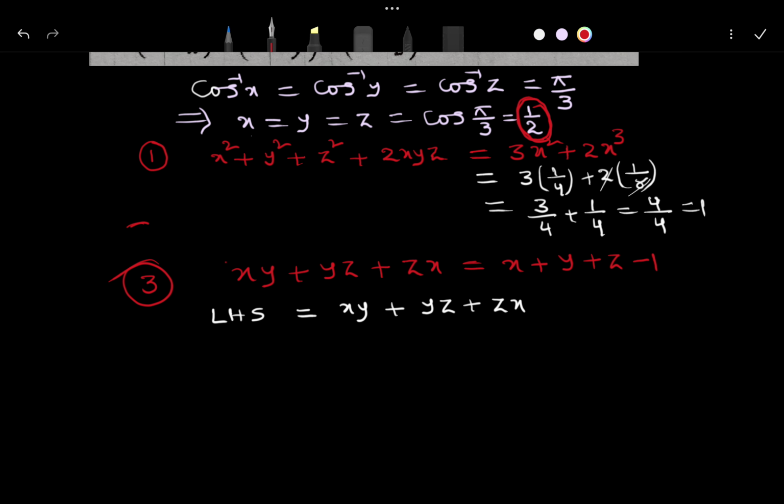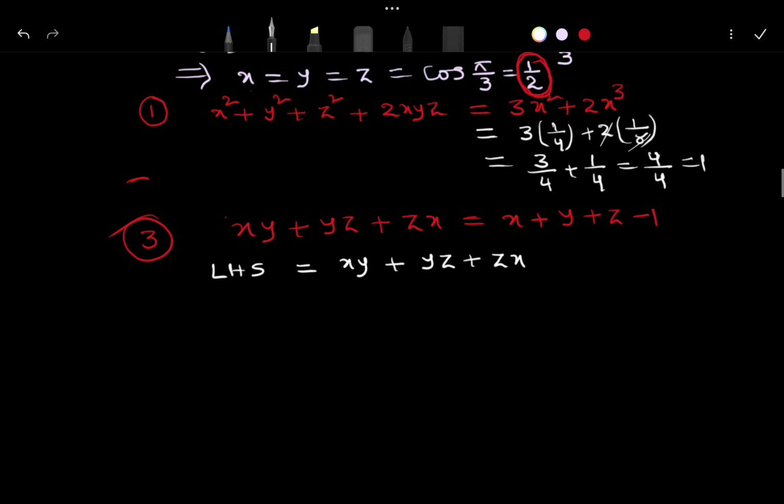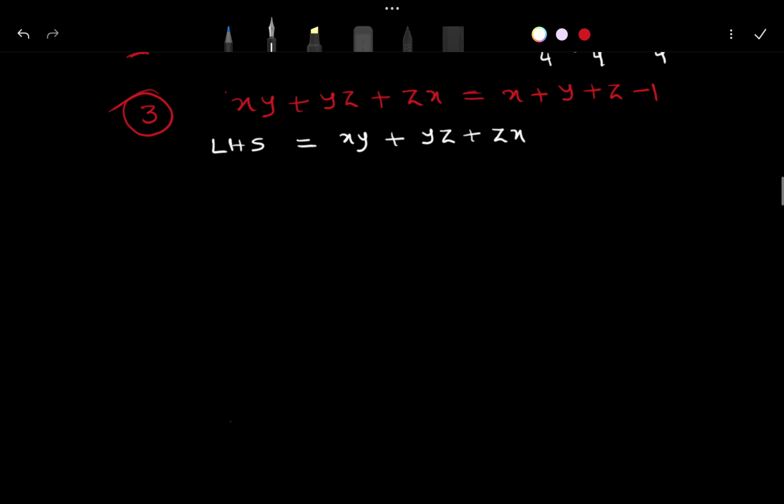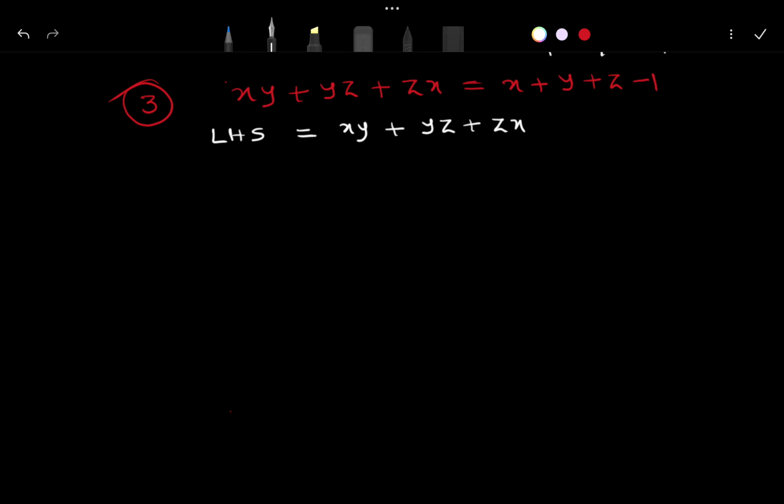Now substitute the x, y, z values. So this value will be 1 by 2 into 1 by 2 plus 1 by 2 into 1 by 2 plus 1 by 2 into 1 by 2.